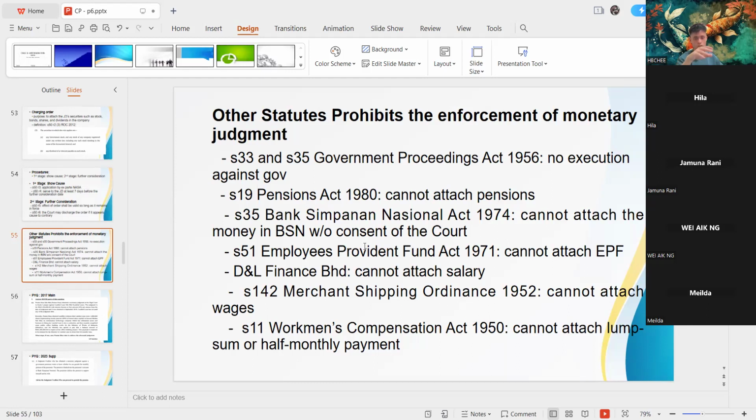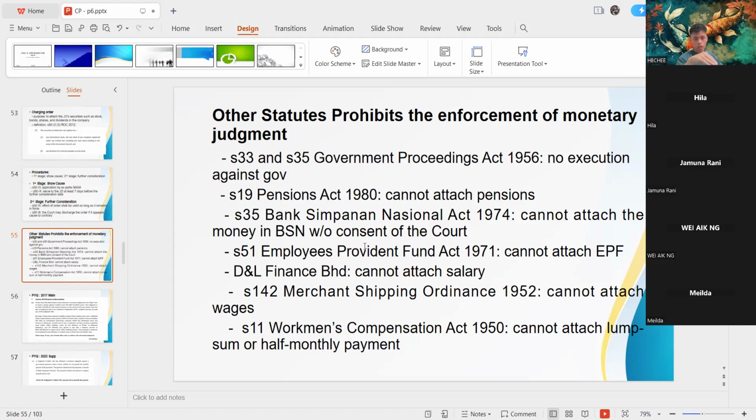Because the pension is the money for the person after their retirement. And then the EPF is also another part of the retirement plan, so that after you retire or until you reach the certain age that allows you to withdraw the money, that is the reason why you cannot attach.